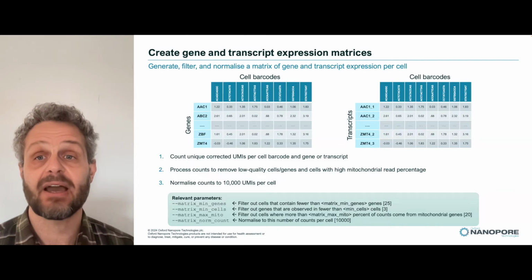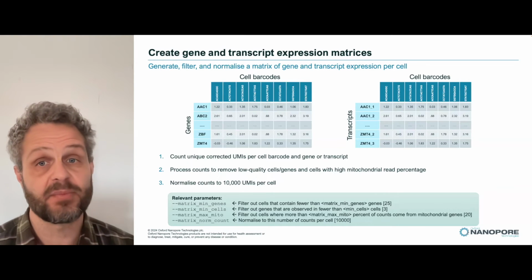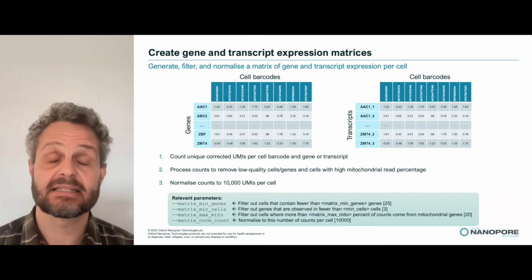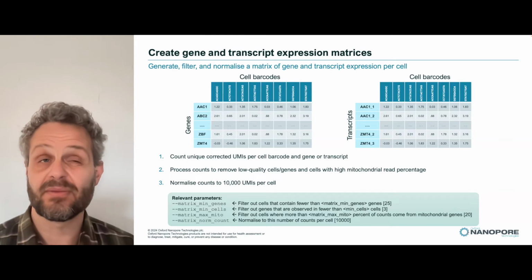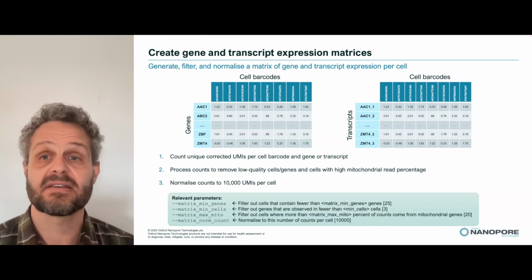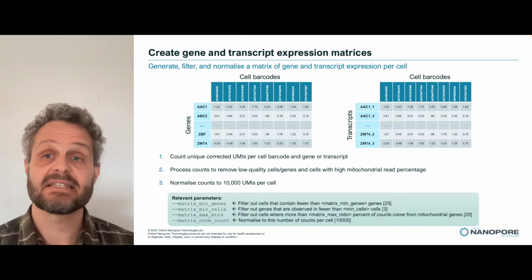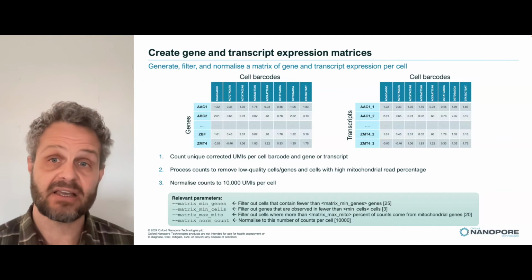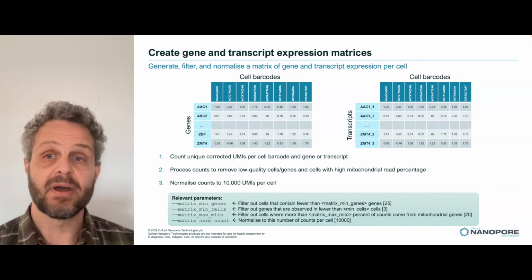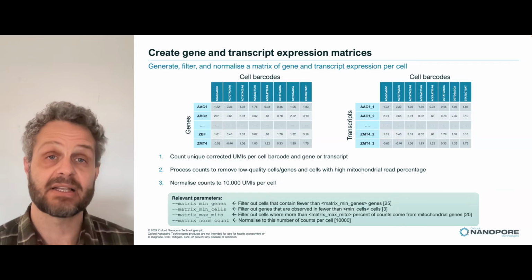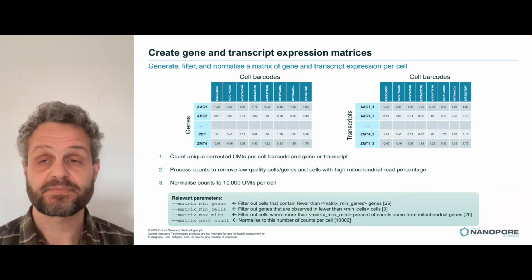And these raw count matrices are then further processed, and this processing involves removing cells that have only a few genes expressed. We also remove genes that are expressed in only a few cells, and remove cells that have a high proportion of reads that are of mitochondrial origin, which can be an indicator that the cell is dying.